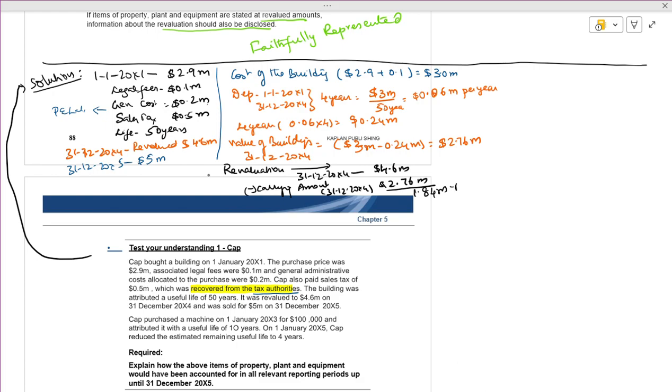This is the revaluation gain. Fine. 1.84. Revaluation gain has to be transferred to the revaluation reserve.